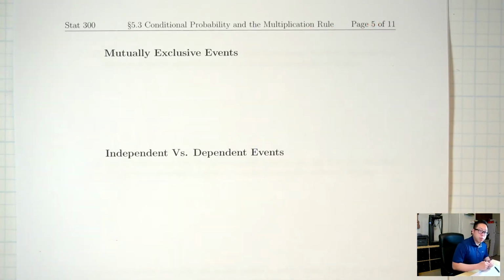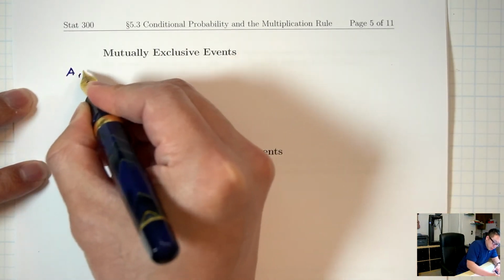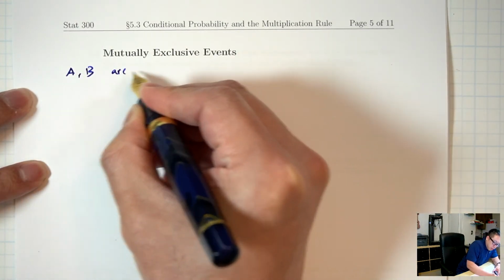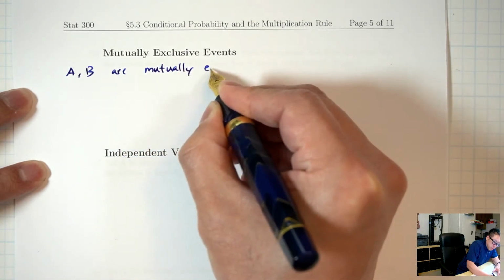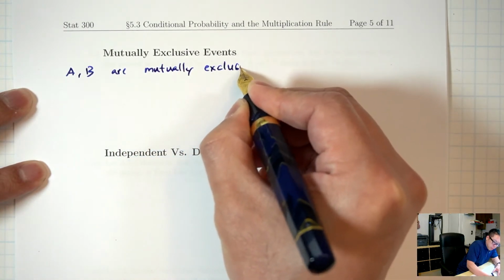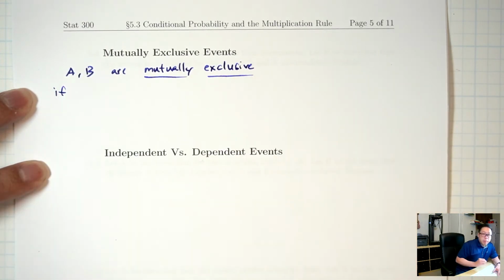We talked about mutually exclusive in the last lecture, but let me remind you what it is because we'll need it on the next page. So 2 events, A and B, are mutually exclusive if they cannot both happen at the same time.